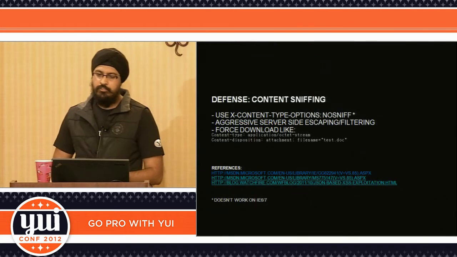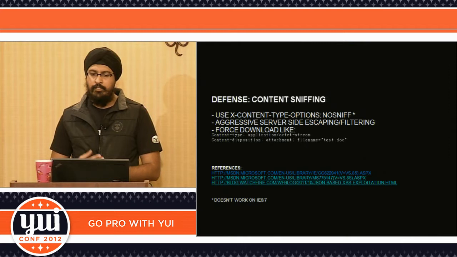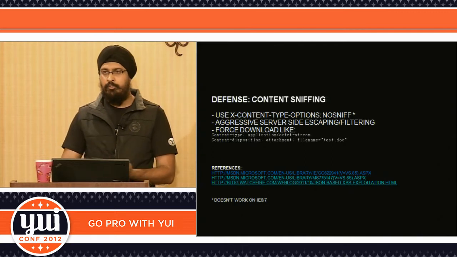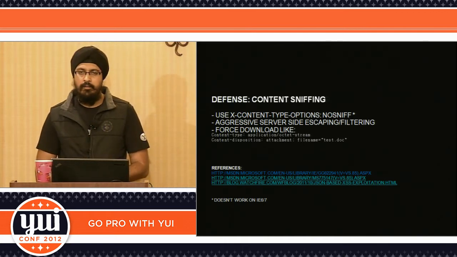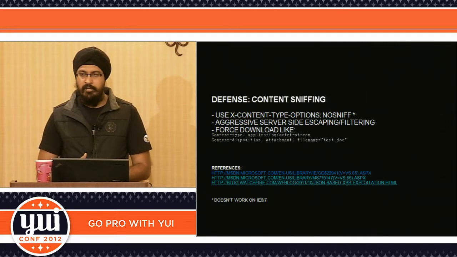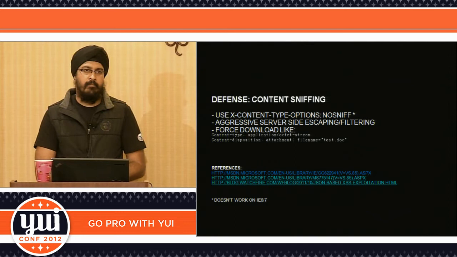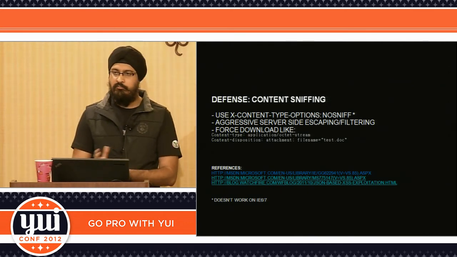So the defense here is to use a header called no-sniff. Now, it might also come out as a W3C security header. There is already a recommendation made for it by Microsoft as a feature, and if you don't want it, you can turn the feature off by doing no-sniff.